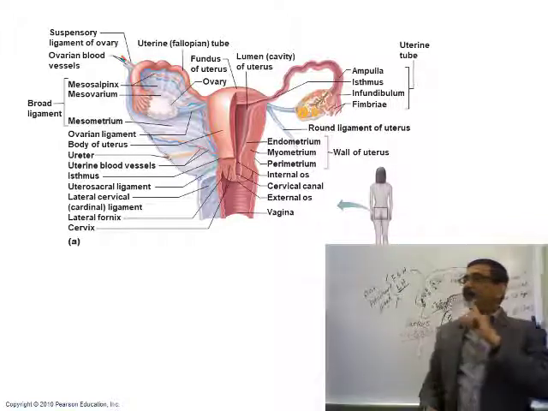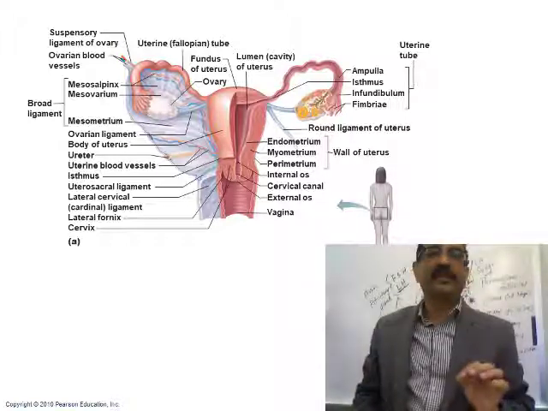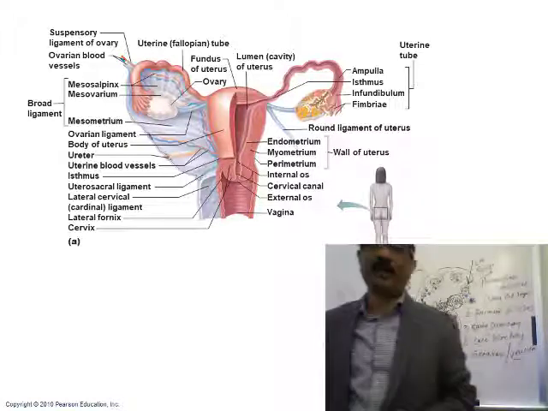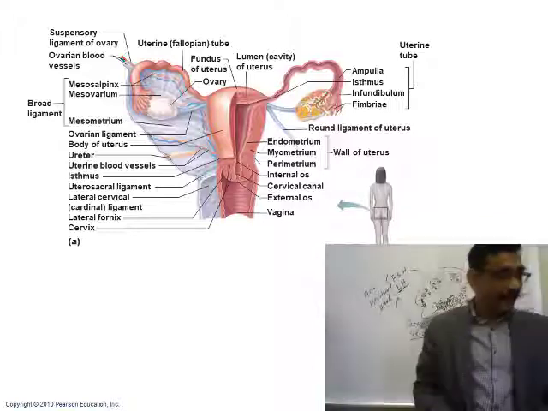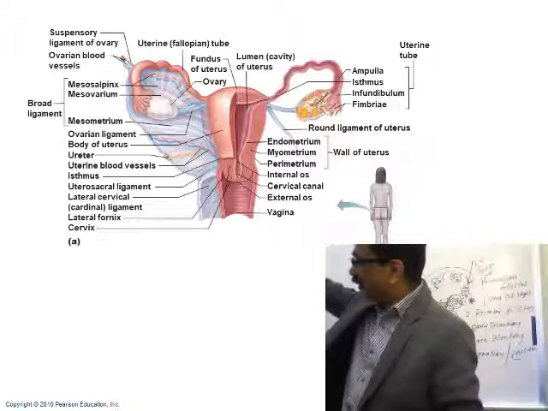Why did I say ampulla is very important? Because in most of the cases, fertilization takes place in the ampulla, in this part. That means the egg is taken there from the ovary, so not too far, right?